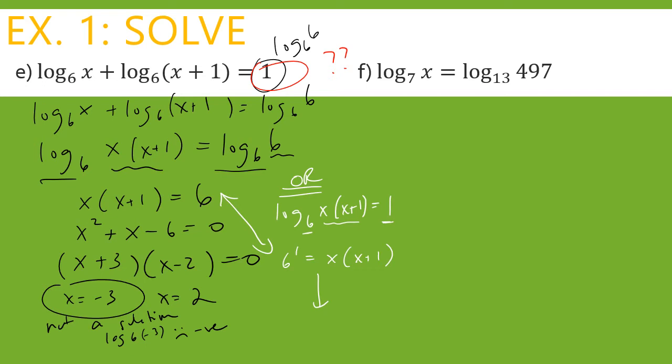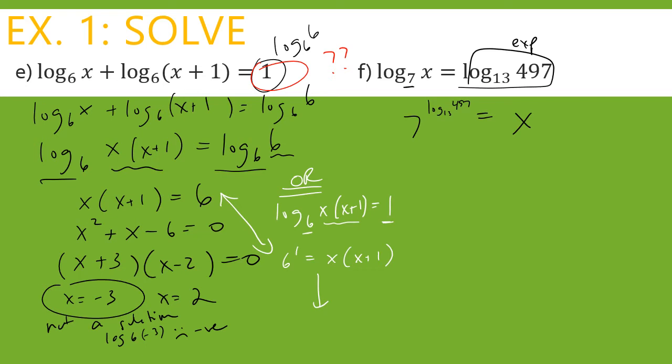It's a nasty number, but it's still a number. There's my base, 7. Remember, the answer to a logarithm is the exponent. So 7 to the log in base 13 of 497 equals x.